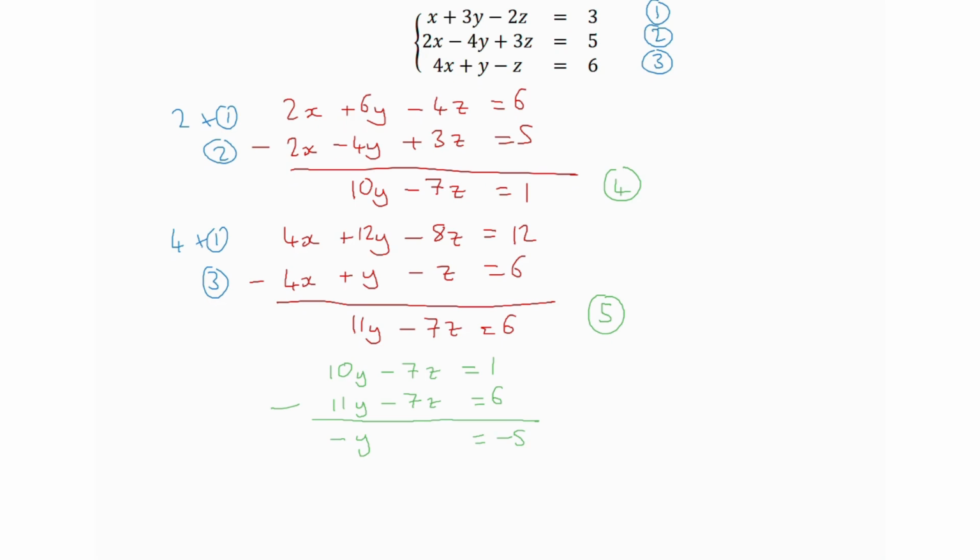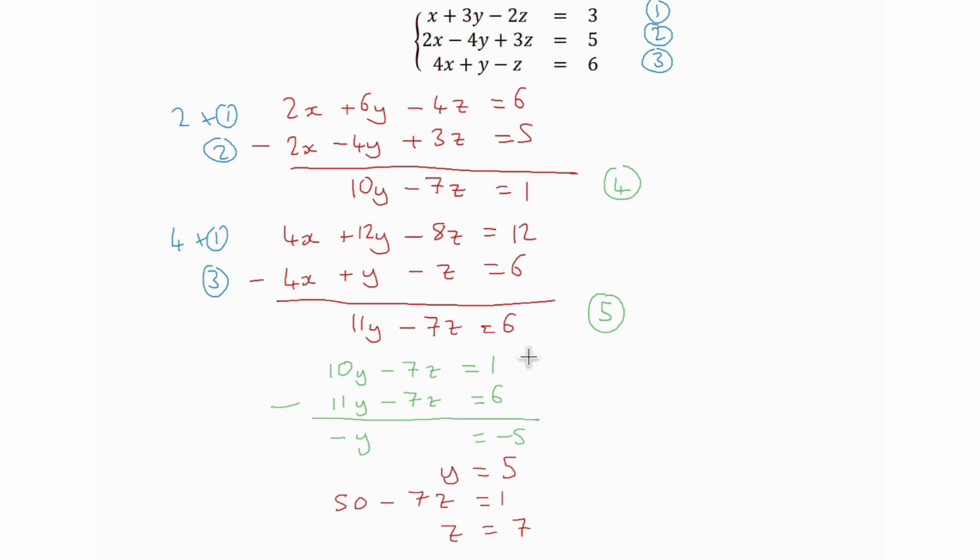If minus y is equal to minus 5, then y is equal to 5. Now I know that y is equal to 5. I'm going to substitute that into either of these equations. So sub it into 4, for example, and I'll get 50 minus 7z is equal to 1, which means z needs to be 7 to make 50 minus 49.